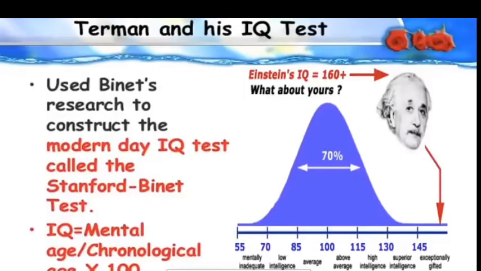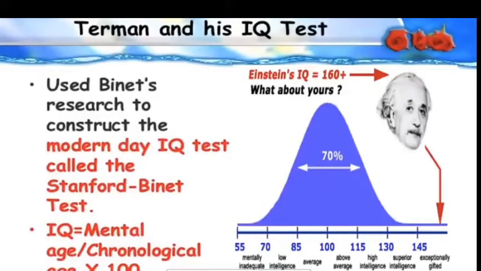So, ito yung IQ test ni Terman. He actually used Binet's research to construct the modern-day IQ test called the Stanford-Binet test. Okay, so IQ is actually solved by using the formula mental age divided by chronological age times 100. So whatever is the mental capacity, the mental age of the child, divided by the actual age of the child times 100. That is the formula for IQ.